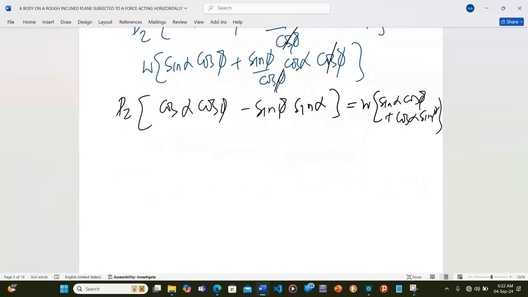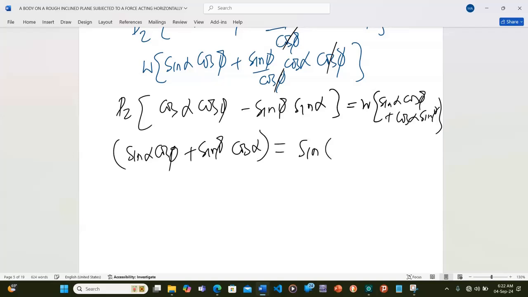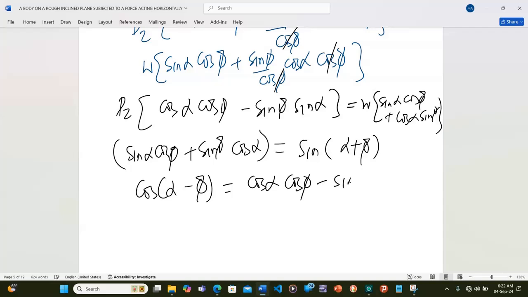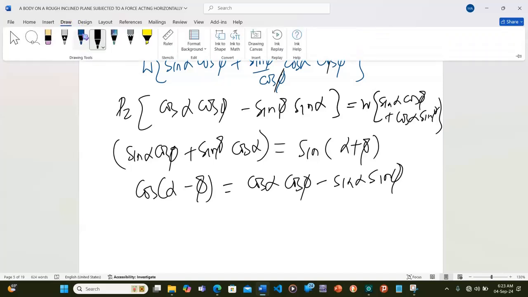Now we already know that sine alpha cos phi plus sine phi cos alpha is equal to sine of alpha plus phi. And we already know that cos of alpha plus phi is the same as cos alpha cos phi minus sine alpha sine phi. So if I use these compound angles in this equation, I'll have P2.